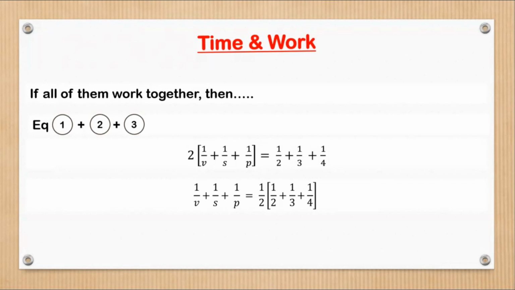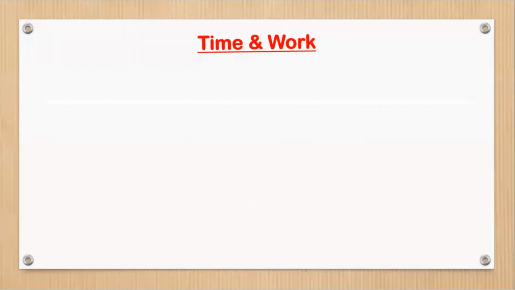Now if I simplify that within the bracket, I'll get it this way. Further, if I simplify, this is my result. From this, we can understand that if Vaibhav, Sachetan and Praneeth all work together, 13/24 is the value we get, which means 13/24 of the work will be completed in 1 hour if all the three work together.